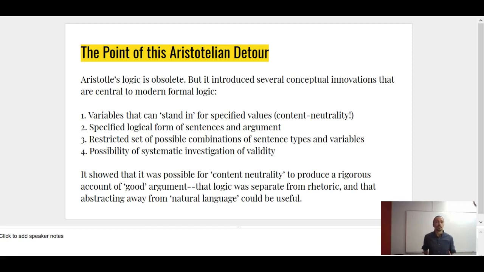And this was really important, because prior to this, a lot of times we were evaluating arguments one by one, whether a specific argument about something was good or bad. When Aristotle wrote down his logic system, he abstracted away from specific arguments and was looking at validity in general.